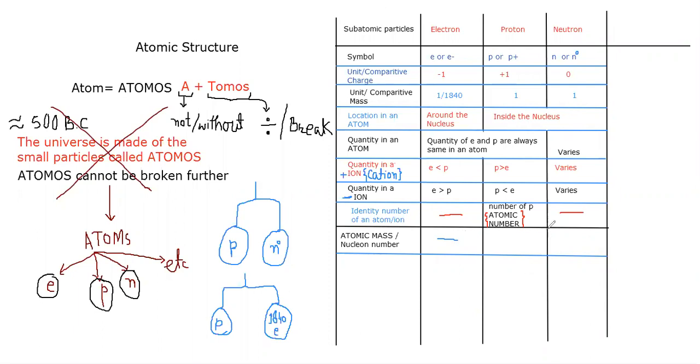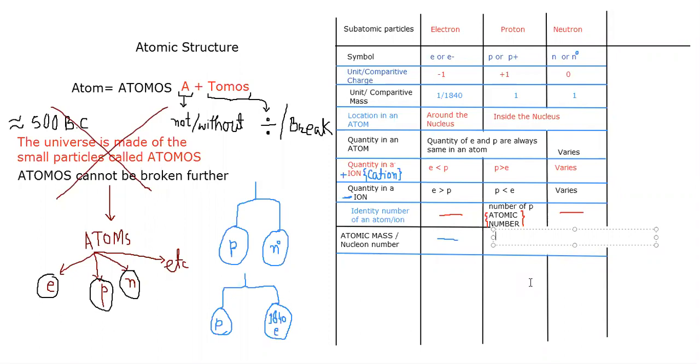How can you identify the atomic mass? By a simple way, because you don't have a mass spectrometer in your house or in your laboratory. So what kind of method will you use? By simple mathematics, it is the sum of protons and neutrons.